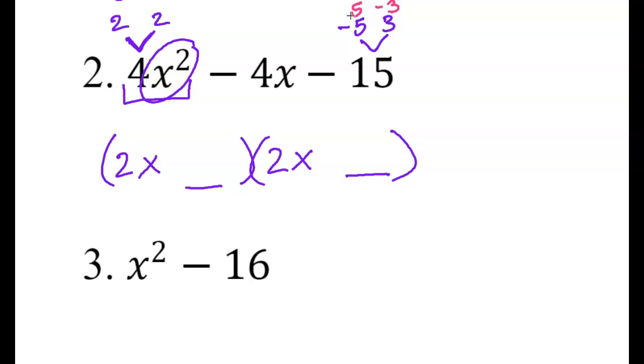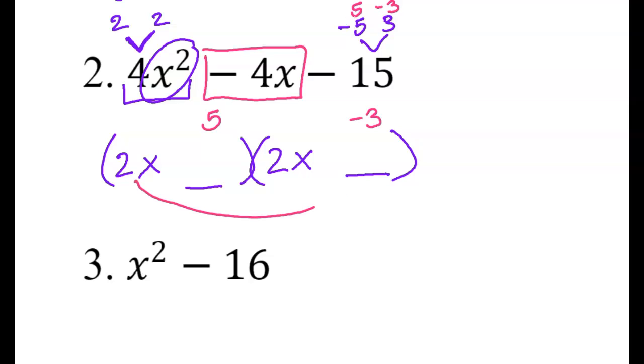So now is where the guessing comes into play. I'm going to guess 5 and negative 3. And you need to check. So we know that we need to end up with a b value that is negative 4. I am multiplying 2x times negative 3, and you get negative 6x. And you multiply 5 times 2x, and you get 10x.